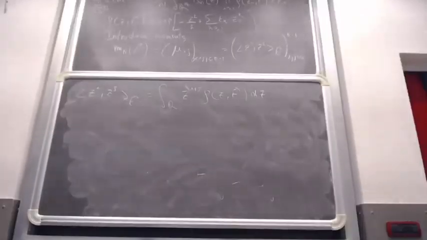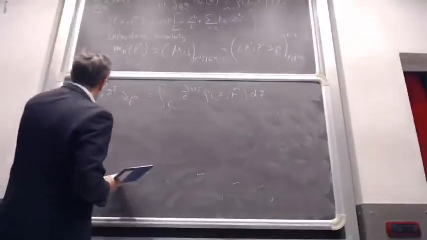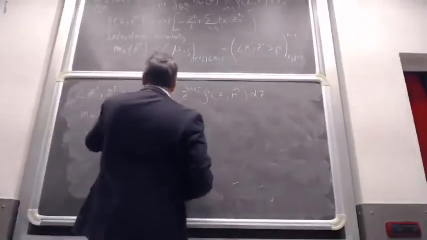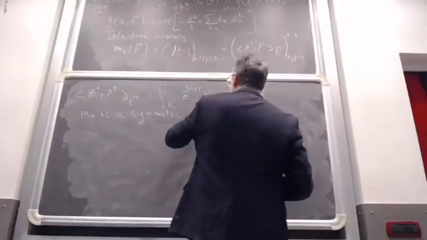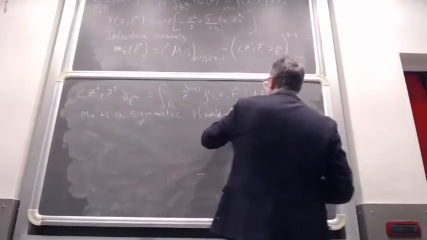It is the matrix of moments with respect to the scalar product, but of course we can go further and work with a proper, normalized probability distribution. Okay, so Mn is a symmetric Hankel matrix.